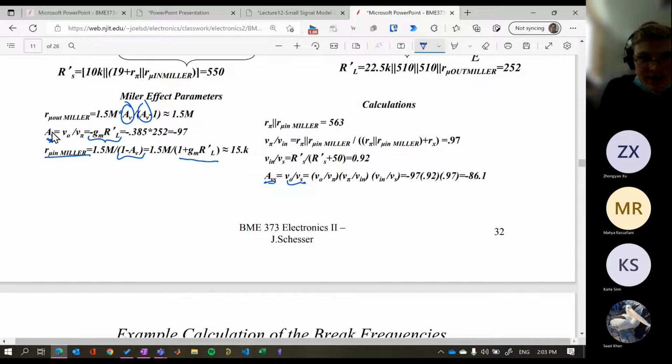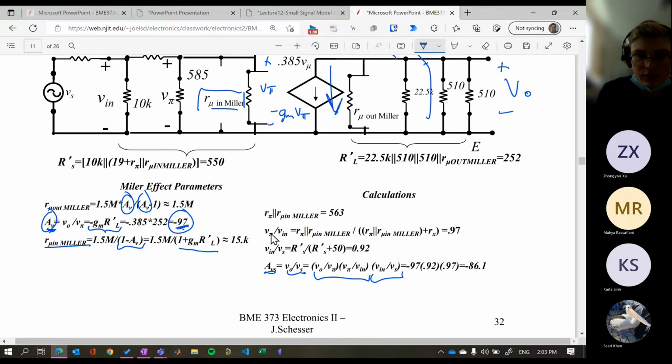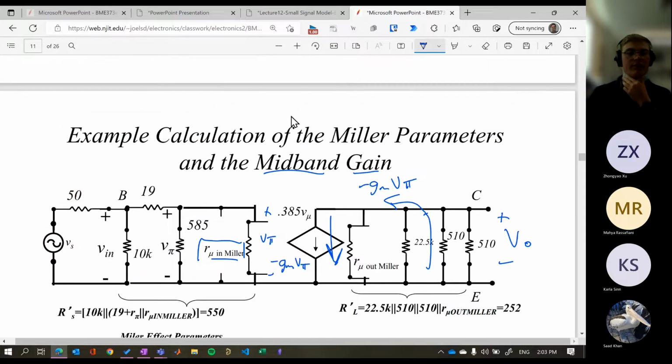The AV that we were calculating without considering R mu was minus 97. As soon as we take into account these large resistances and changes to our values, our gain comes out as minus 86. There's been quite a dramatic decrease in our midband gain even from the Miller's effect.